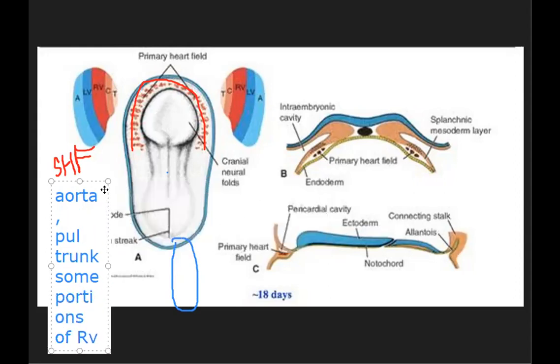So these are the structures for the primary heart field and for the secondary heart field. For the primary heart field, I told you atria, left ventricle, and most of the right ventricle.